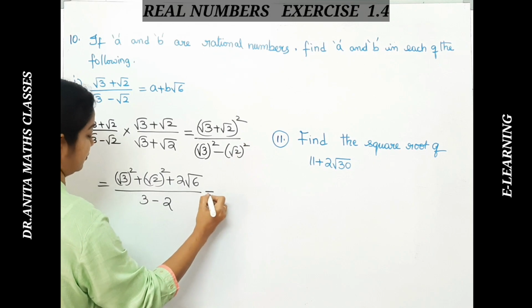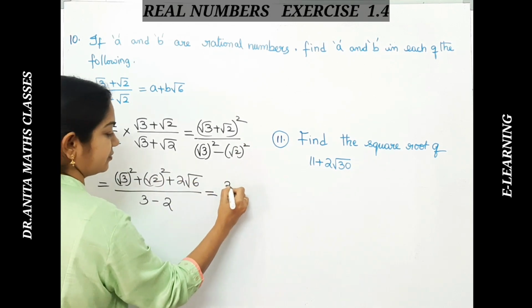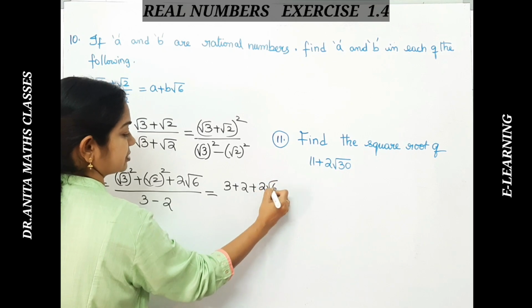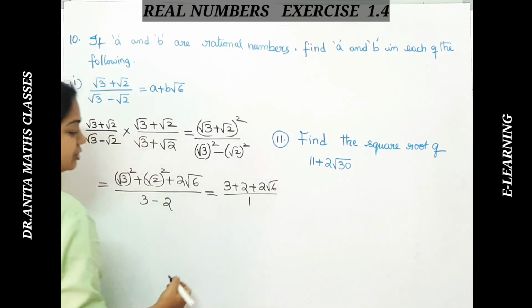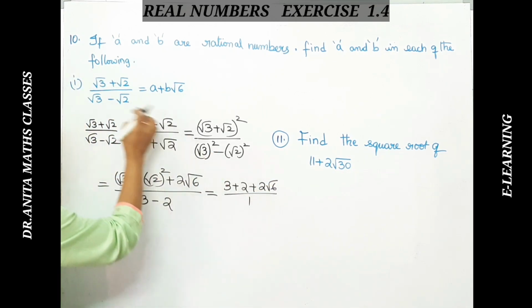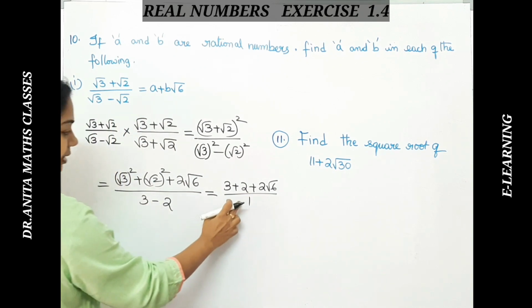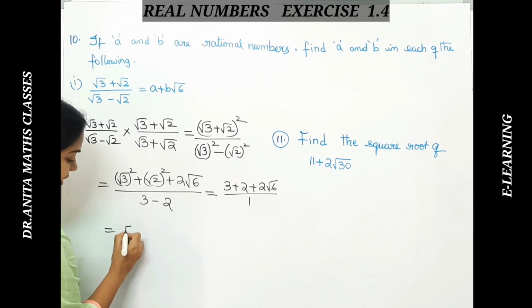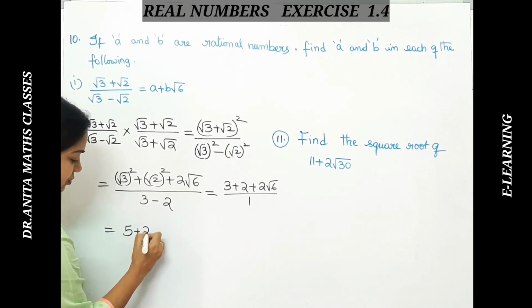Square root square goes off. Here you get again 3 plus 2 plus 2 root 6. Can cancel it off. So the denominator has been rationalized. Okay, it became a rational number. Now here 1, no need of writing. So 5 plus 2 root 6.